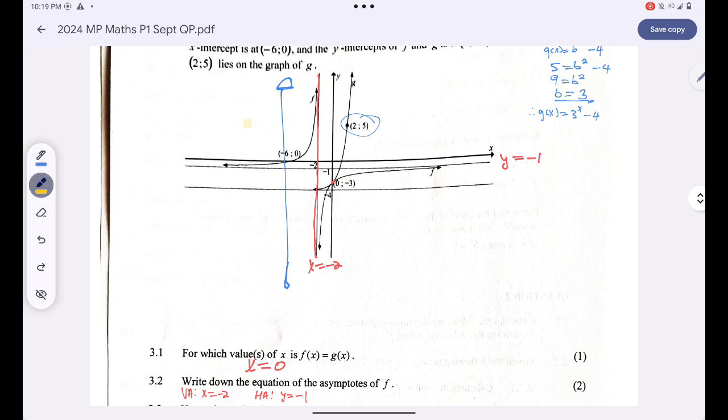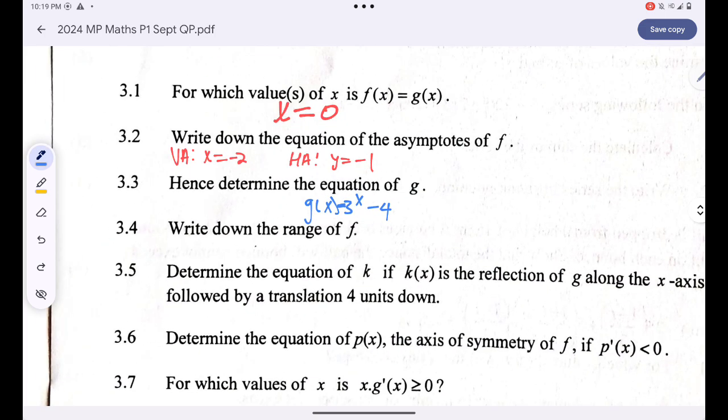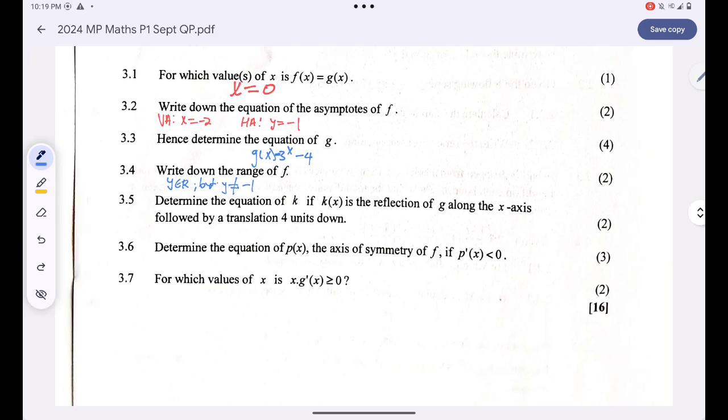But the only place where my graph is not defined is when y is equal to -1. So for my range, I can simply say y is an element of the real numbers, but y cannot be equal to -1. That's the range of my function.